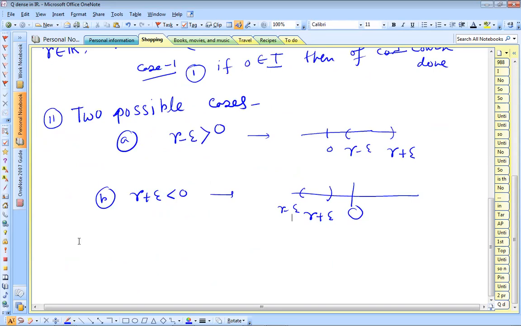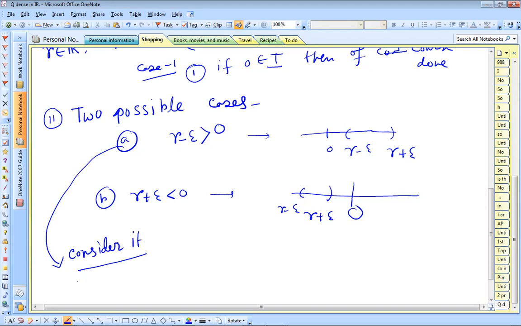So first we are going to consider this case A. After doing this, we will come to B. In that case, R minus epsilon greater than 0.